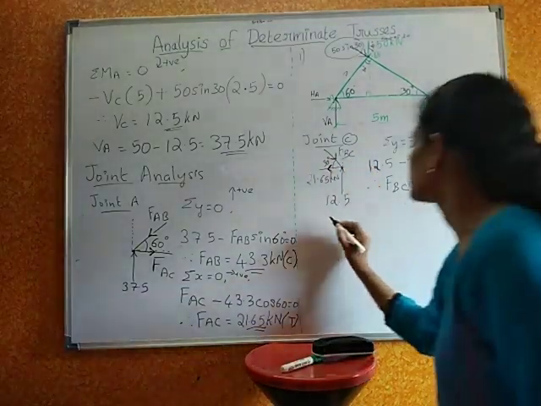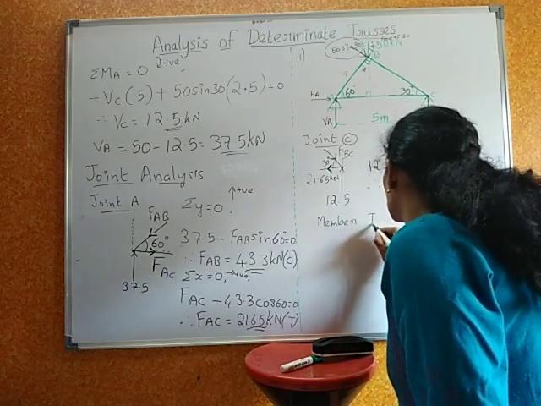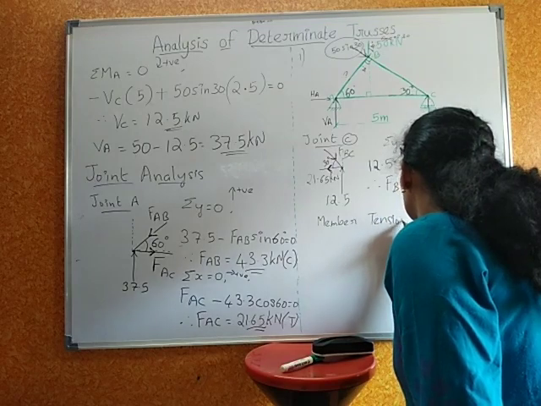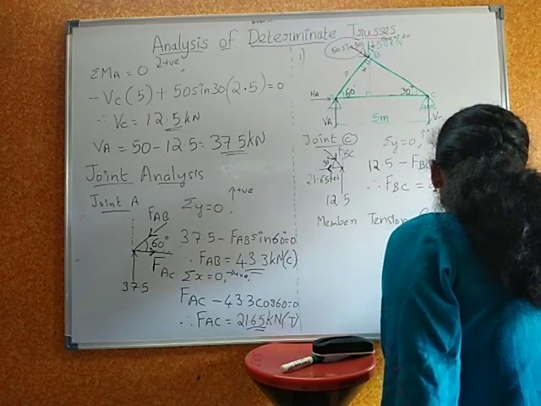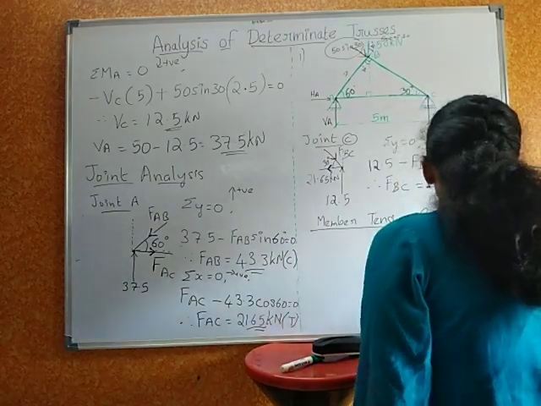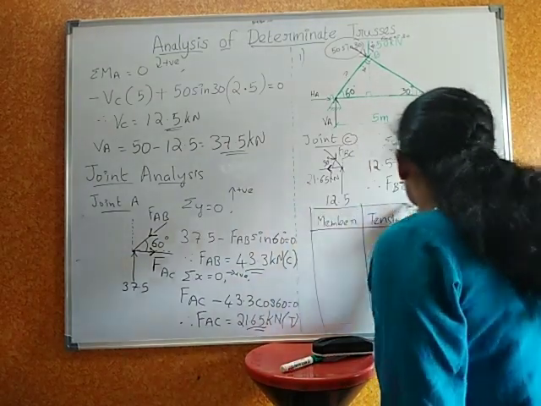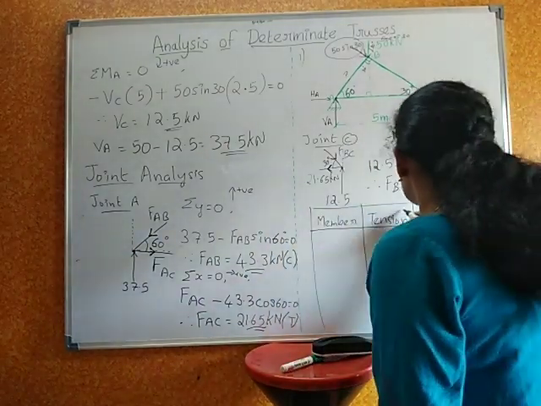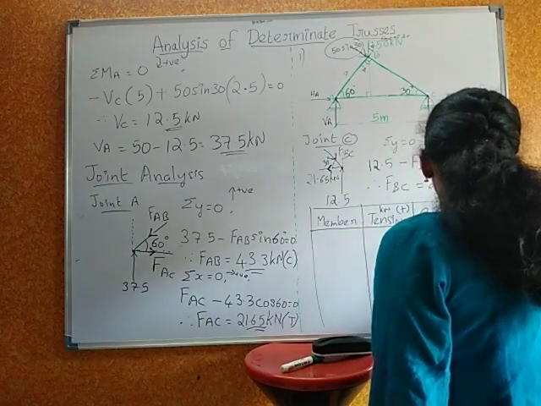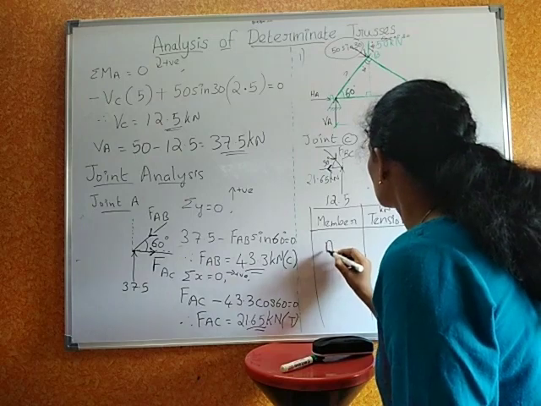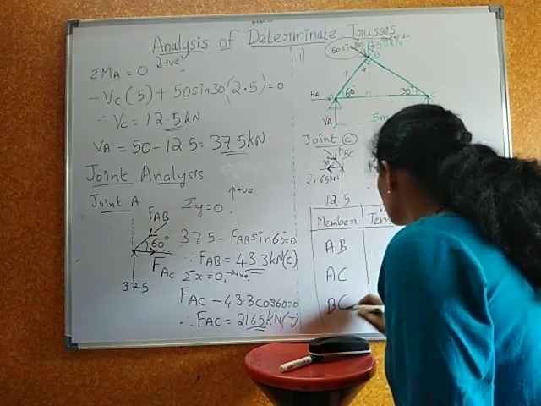Finally, you tabulate it, that is member, tension, compression. Positive kilonewton, negative kilonewton, for members AB, AC, BC.